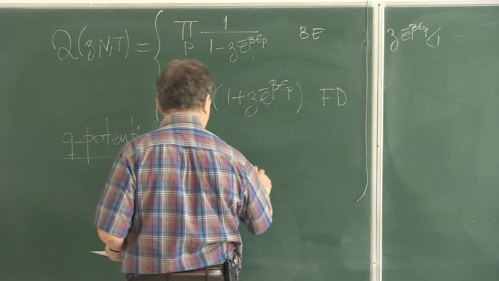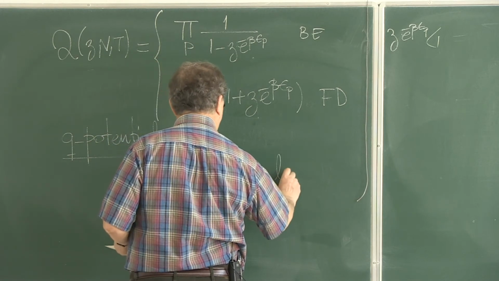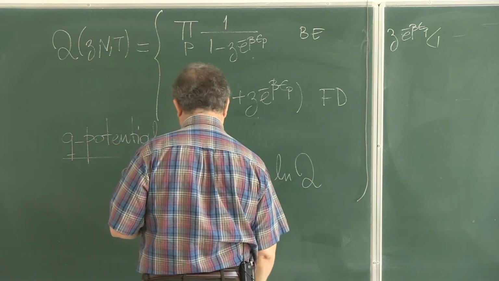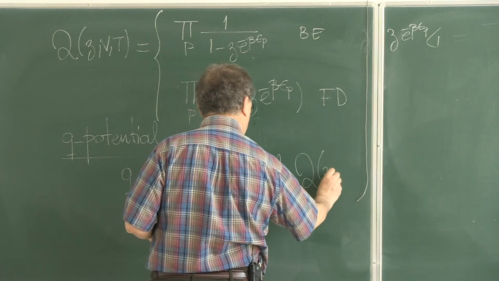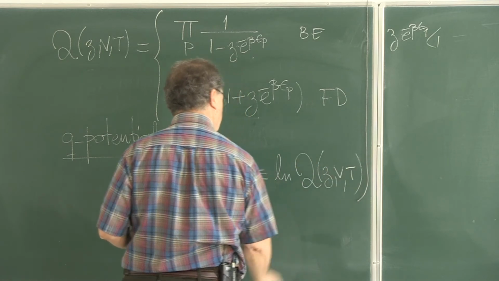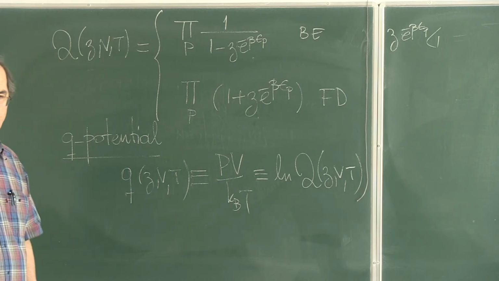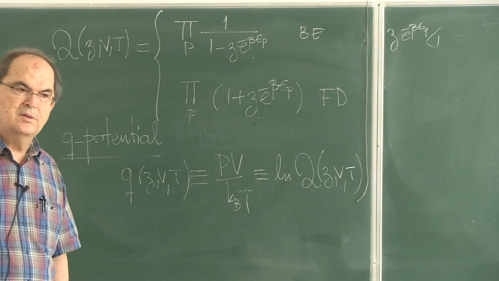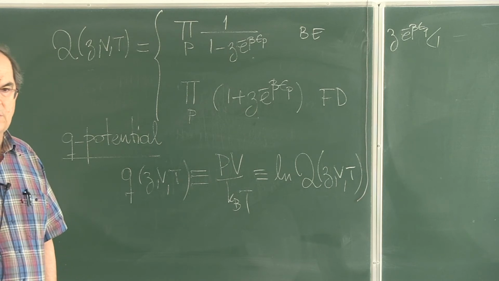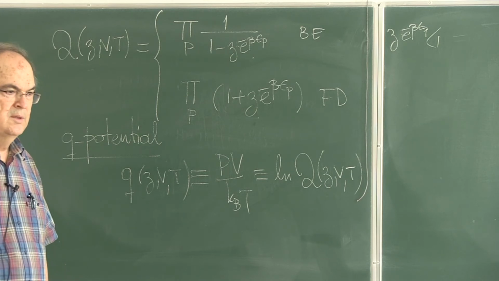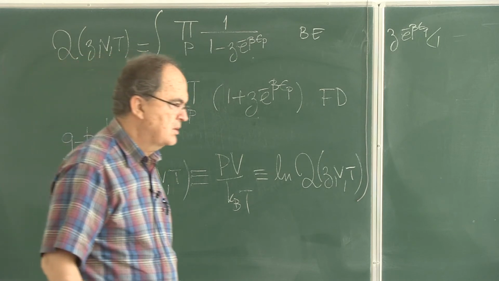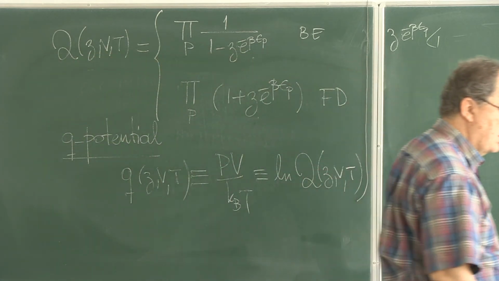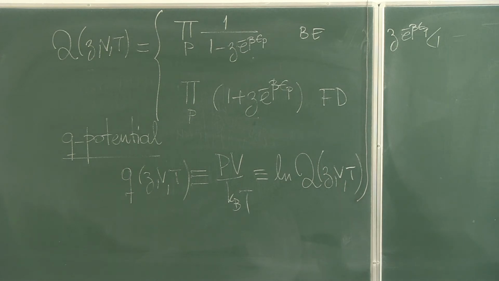So this is ln of the grand canonical partition function. Here I don't have to keep the particle number constant. That's the easy thing to do, isn't it? Instead of keeping that number constant, I can allow the exchange of particles between states.